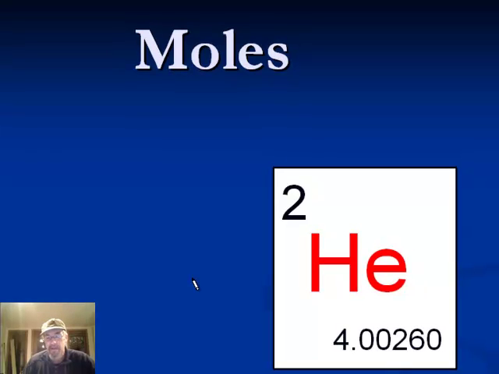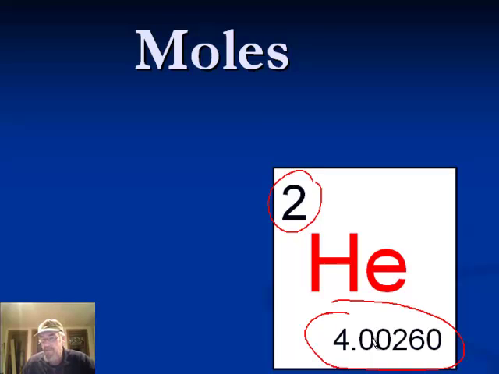If you look at the periodic table that the chemists use, you find every element has its own little square. And that square has a number in there. There's a whole number. That's called the atomic number. Chemists care about that. We don't. This number is called the atomic weight. That's the weight in atomic mass units of the average atom of helium.